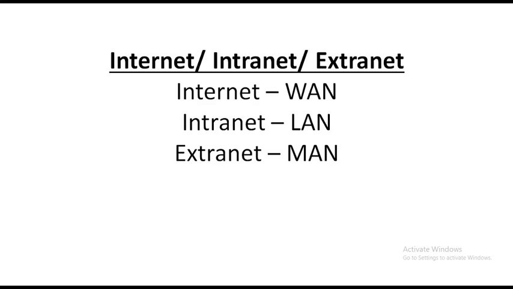Telecommunication technology means they are using communication technology, which means internet technology, and security to share the information of vendors, suppliers and other details. That is what extranet is. If a company has many branches within a city, all the branches are connected together into a single network. That is what is called extranet, that is MAN.